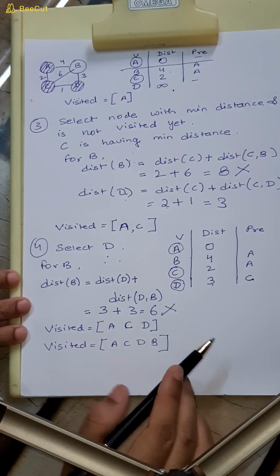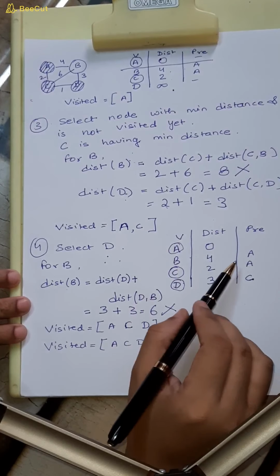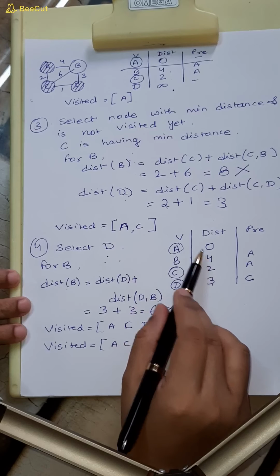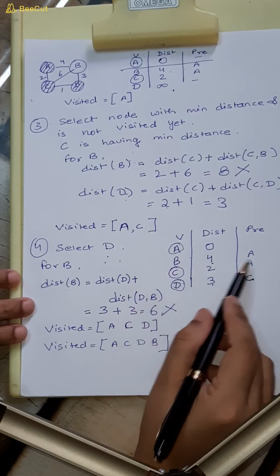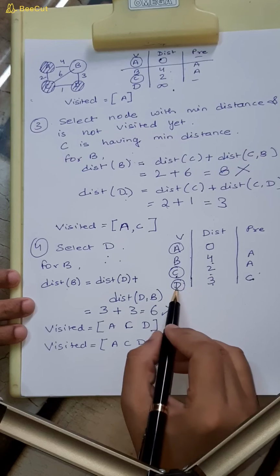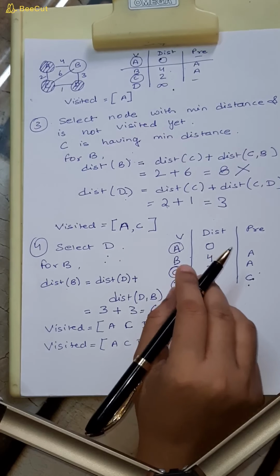Now whatever table you got, this table will contain the shortest route from A to the rest of the nodes. So from A to A it is 0, from A to B distance is 4 via A, from A to C distance is 2 via A, from A to D distance is 3 via C node.